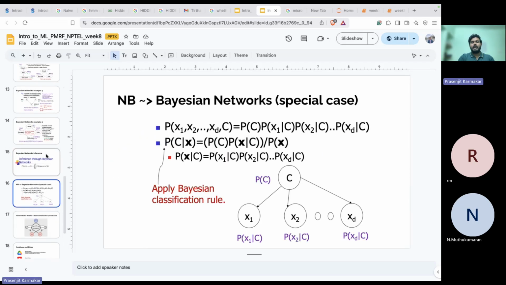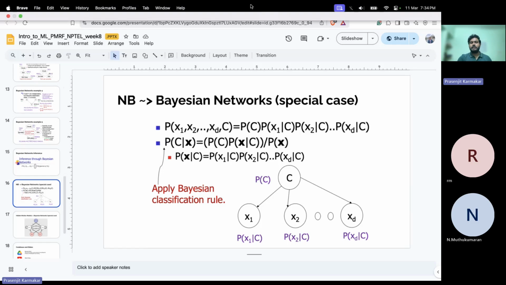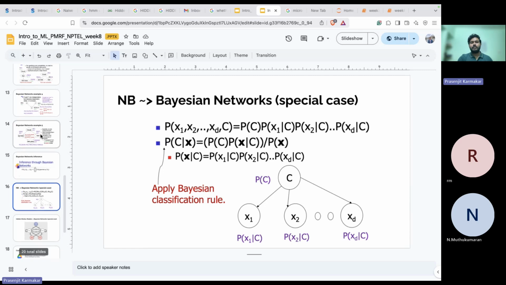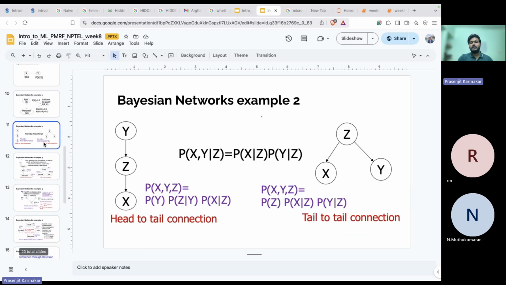And now the naive Bayes classifier that we learned earlier is a special case of a Bayesian network itself. Why? Because all the features are independent, so the graph looks like this. From these Bayesian networks, we can also compute Z given XY, just the reverse. For going downwards, you just do joint multiplications, right?